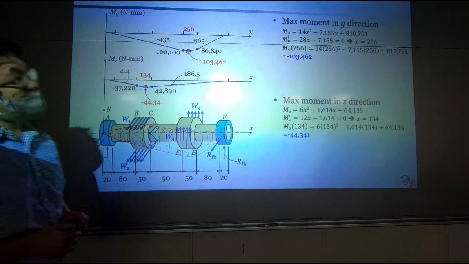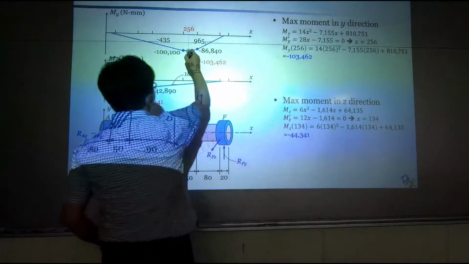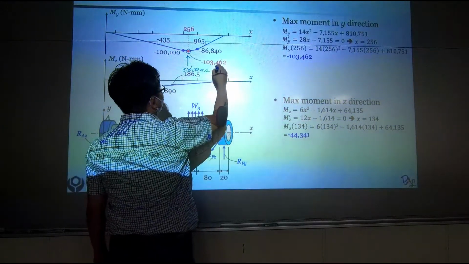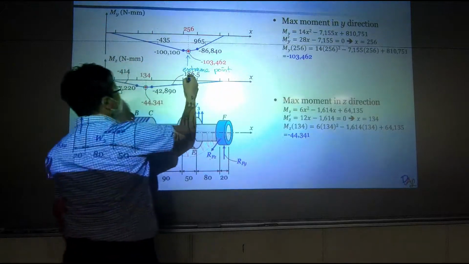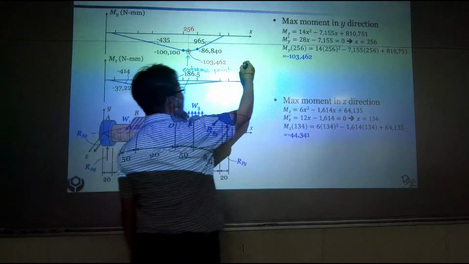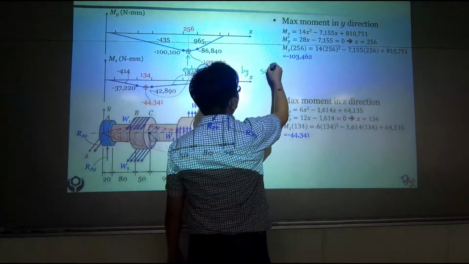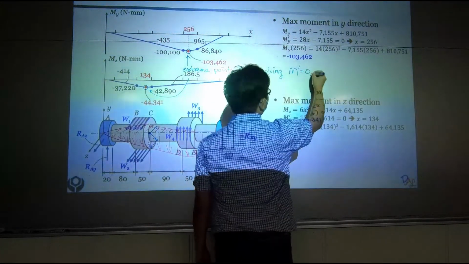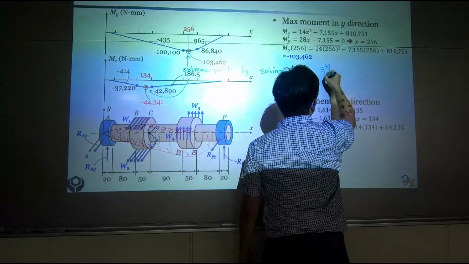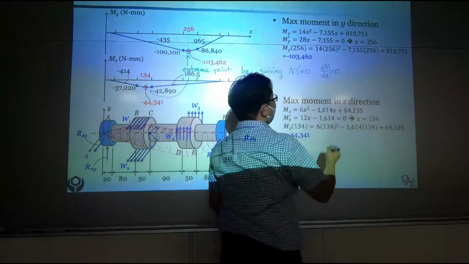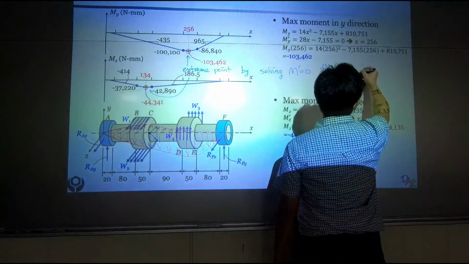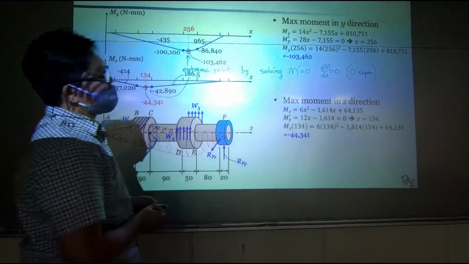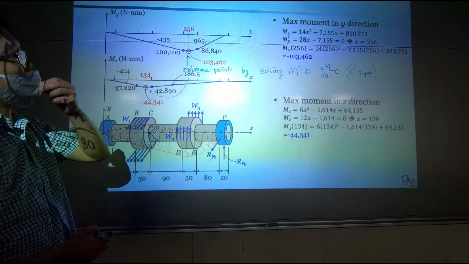So the way I did it was to find the extreme point by solving dM/dx equals to 0. This is where you have 0 slope. And when you have 0 slope, you have your extreme point.